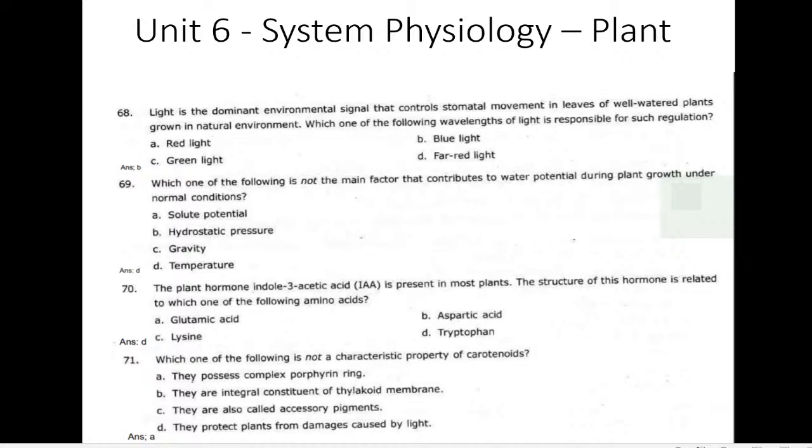So these are all pigments. They also protect the plant from damage caused by light. So which is not a characteristic? Possessing a complex porphyrin ring is the incorrect statement. Carotenoids don't have porphyrin rings.